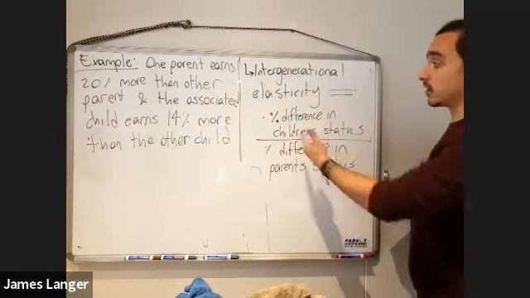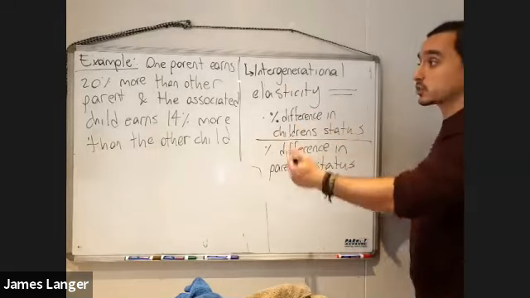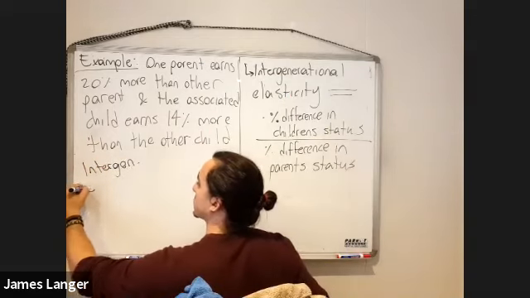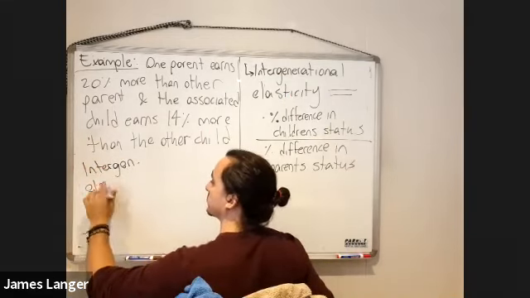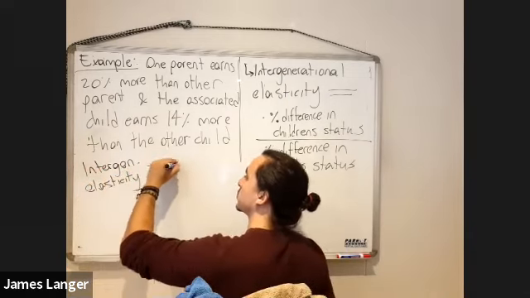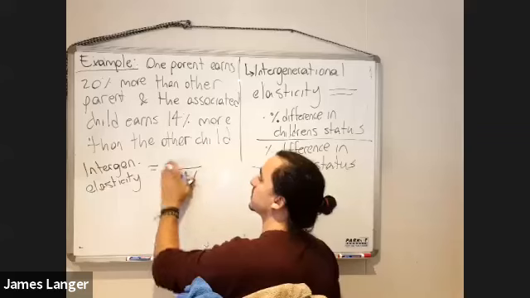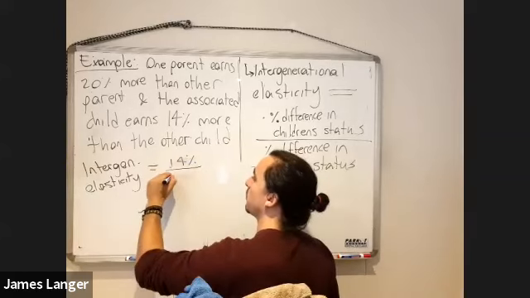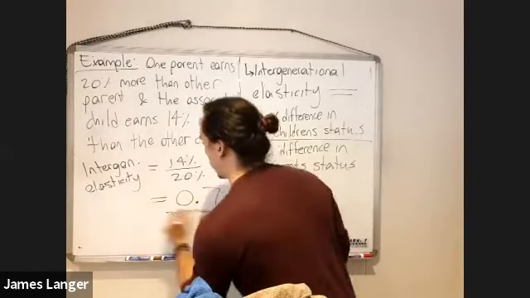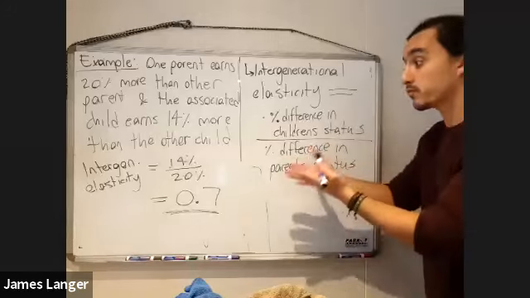If we had to calculate the intergenerational elasticity, we would just take 14% over 20%, and the answer will be 0.7, which is very high.